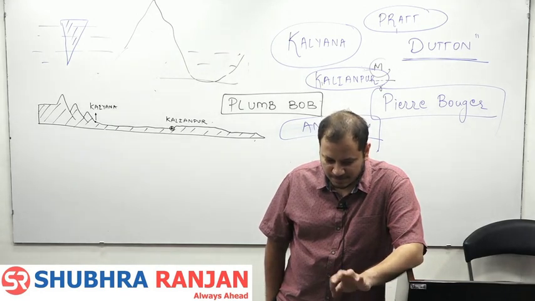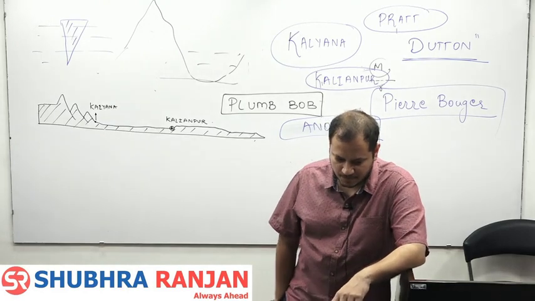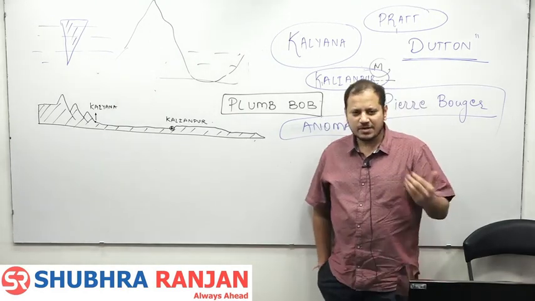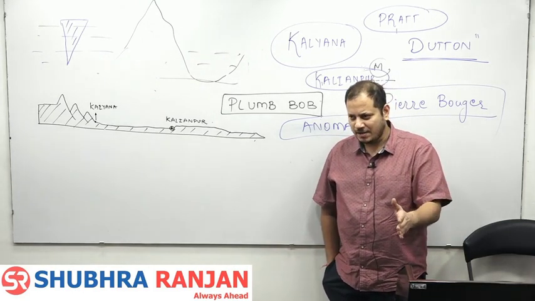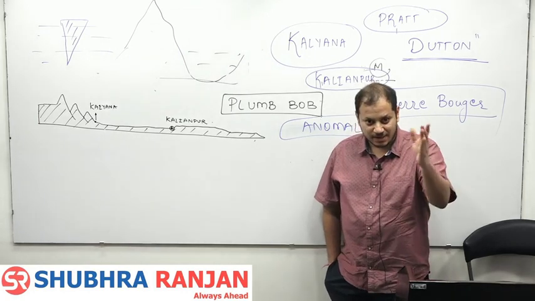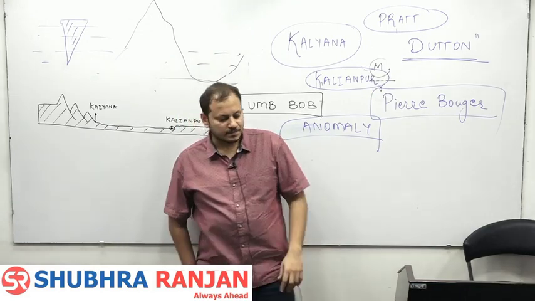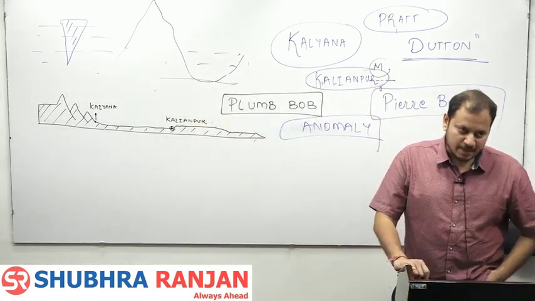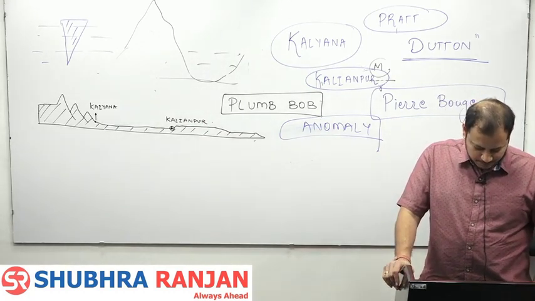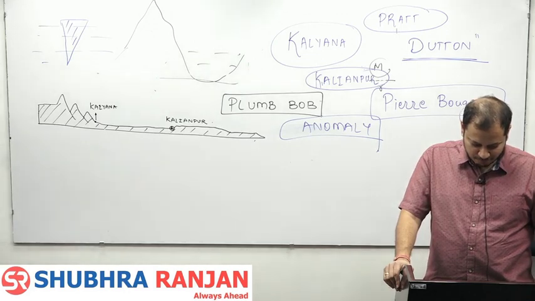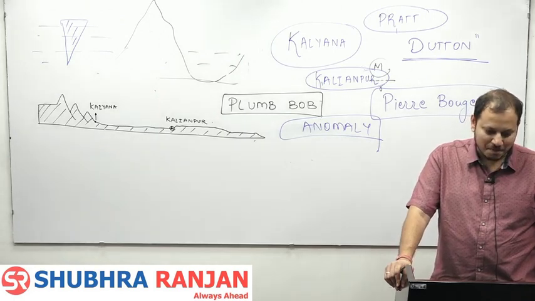The reasons given were, first reason. What is the conclusion? Is the Himalaya's gravitational pull more or less than the theoretical value? It is less. So they gave reasons why the gravitational pull is less. First reason, Himalayas are hollow mountains and have bubbles inside.